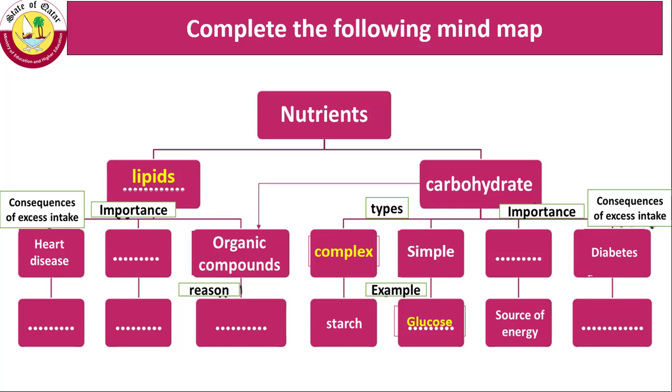The importance of carbohydrate is structure of the cell membrane and its source of energy. What are the consequences of excess intake of carbohydrate? First, they mentioned here diabetes. What else? Tooth decay. Both lipids and carbohydrates are organic compounds. What is the reason? Because they are made up of carbon, hydrogen, and oxygen.